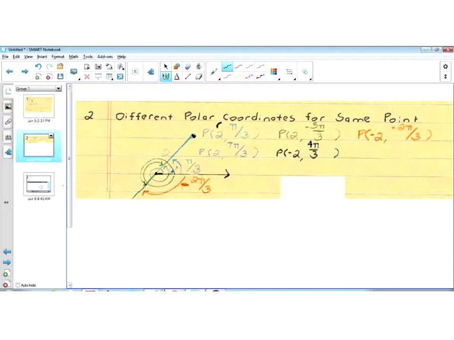Here's my polar vertex, and here's my polar axis, which goes in the positive x direction. Now let's compare and contrast the blue point with the purple point. The purple point has polar coordinates with r equal to 2, the same radial arm length as the blue point, but it's been rotated 7 pi over 3 radians from the polar axis.